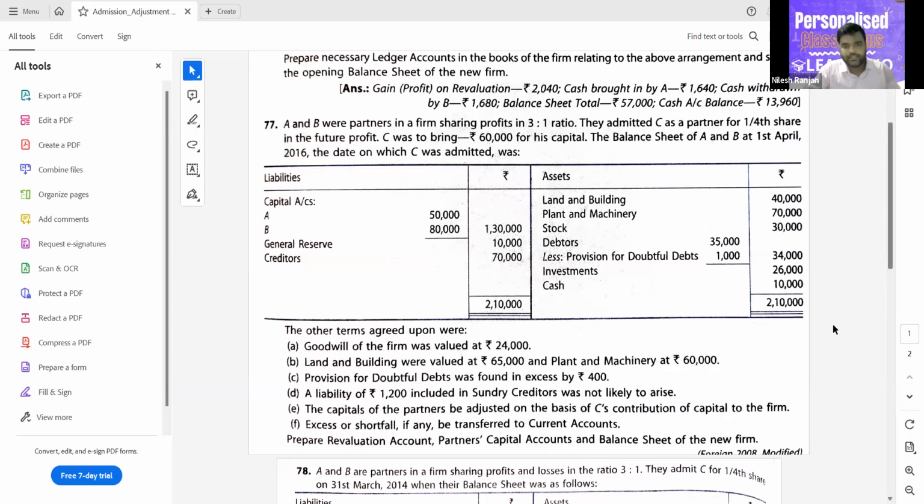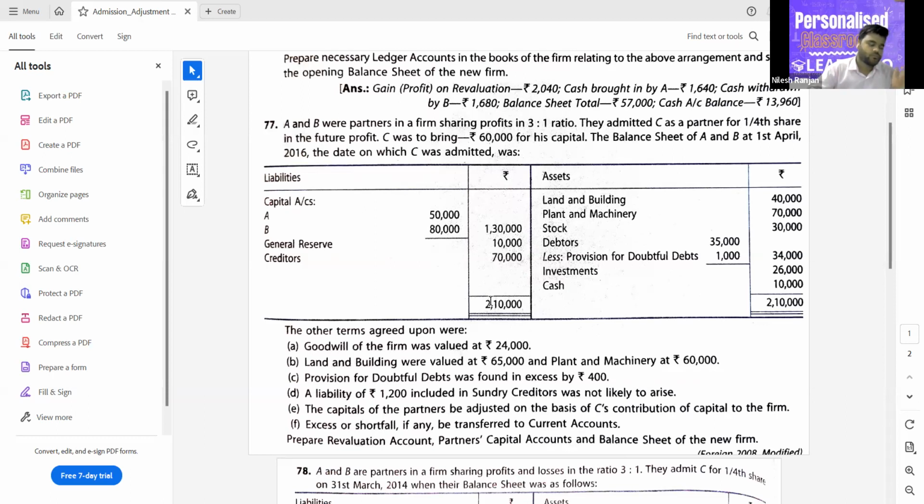Now, the next is a liability of 1,200 included in sundry creditors that was not likely to arise. Can you tell me what we have to do here? Should we write it on the credit side? Is it profit or loss?